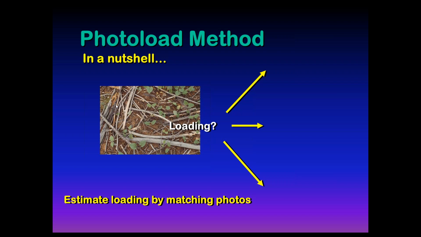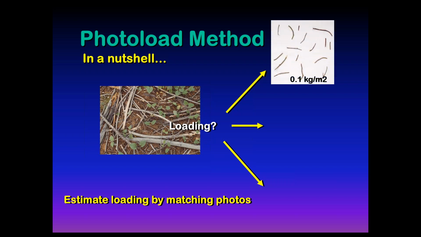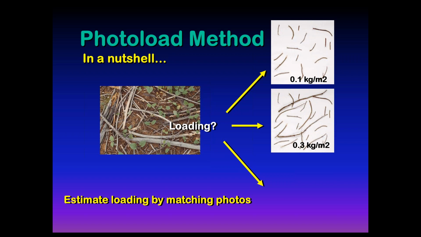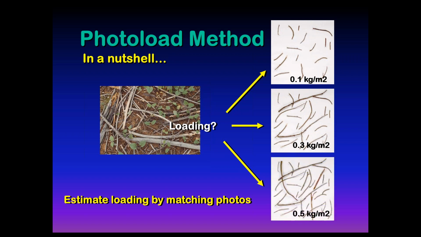So you look at the ground, and then what we've developed is a series of graduated loadings of downward looking photos that look like this. You can see this photo has 0.1 kilograms per meter squared, 0.3 kilograms per meter squared, and 0.5. So you look at the loading on the ground, and you look at the loadings in these graduated photographs, and you pick the one that best corresponds to the loading that's there.